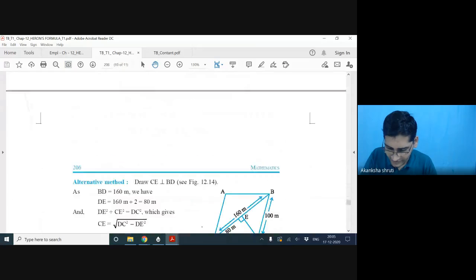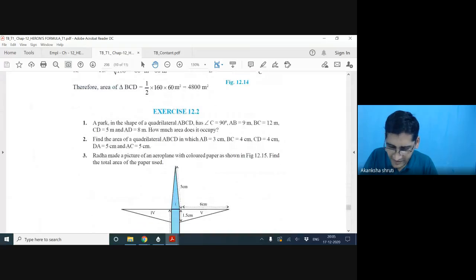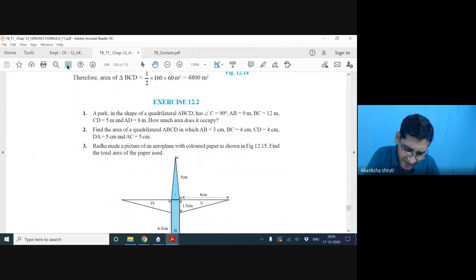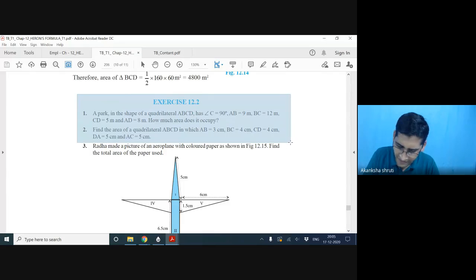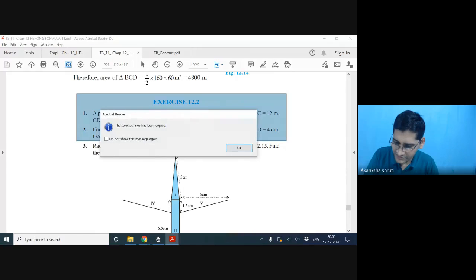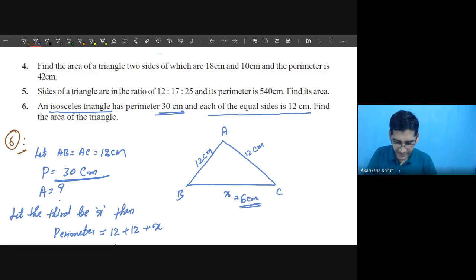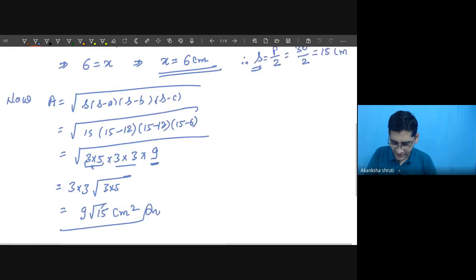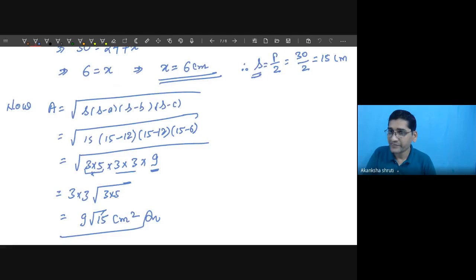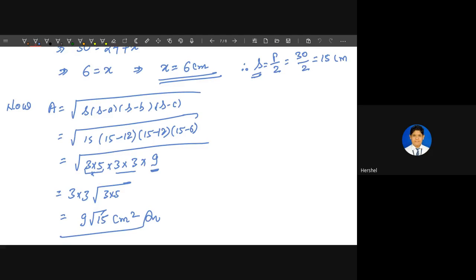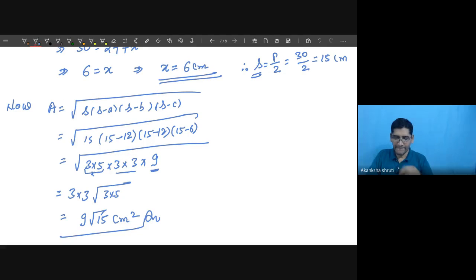Let me give a hint for the next exercise. Even in this next exercise, there is nothing new, but I will just give you some hint. Students, this was the last thing you were noting. Write it quickly.